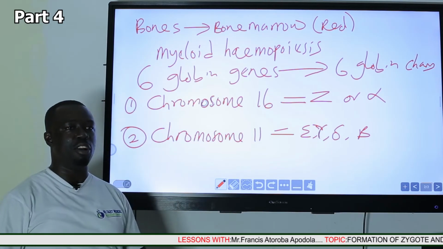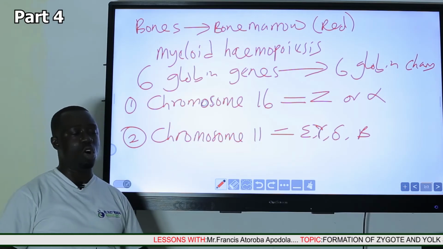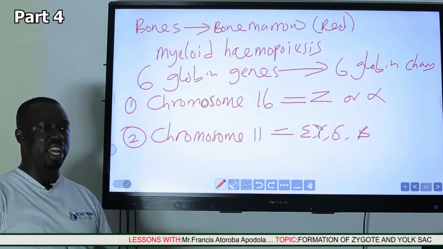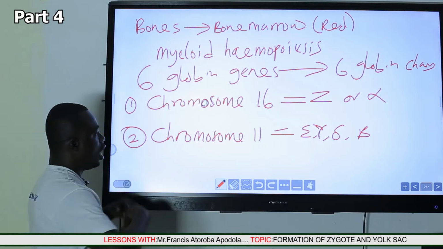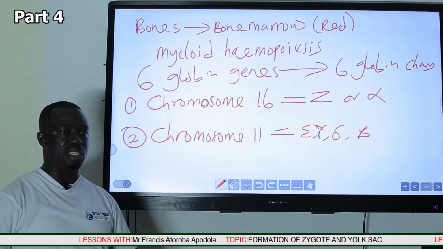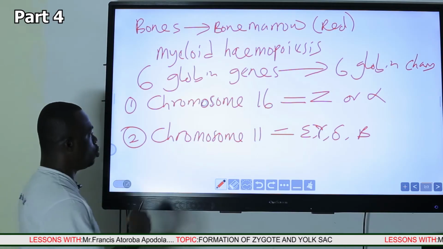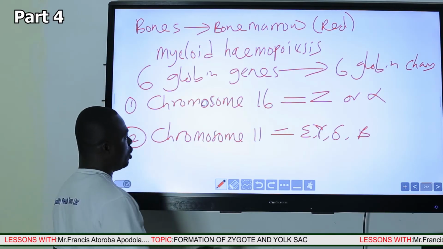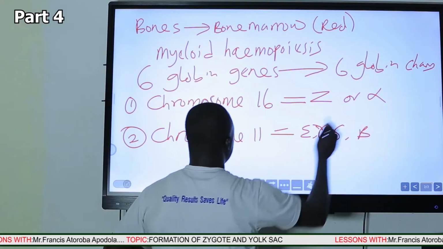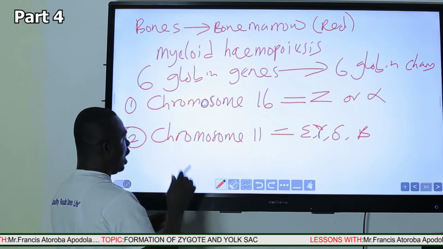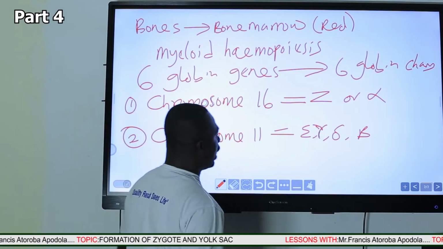As hematopoiesis is occurring within the embryo and hemoglobin synthesis is occurring, the hemoglobin is formed through the combination of globin chains from chromosome 16 and globin chains from chromosome 11.